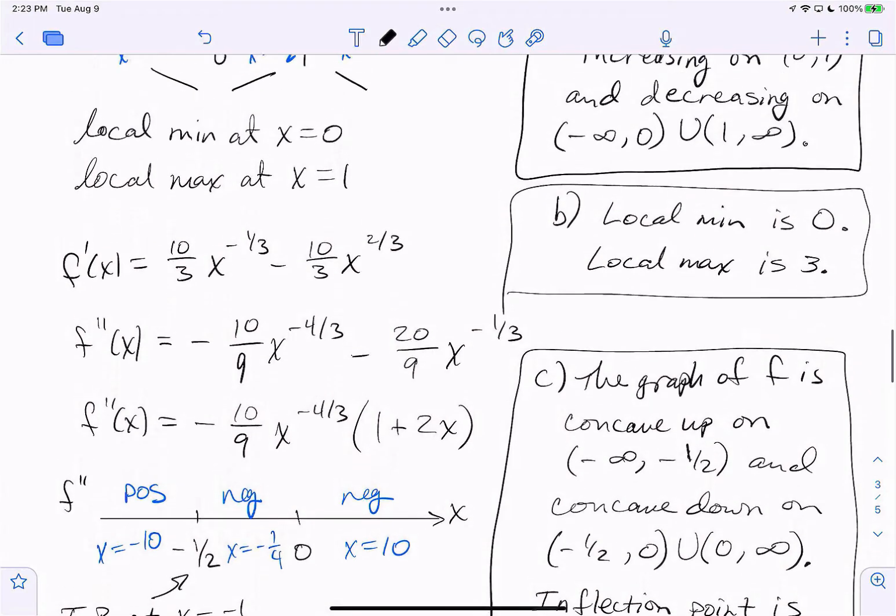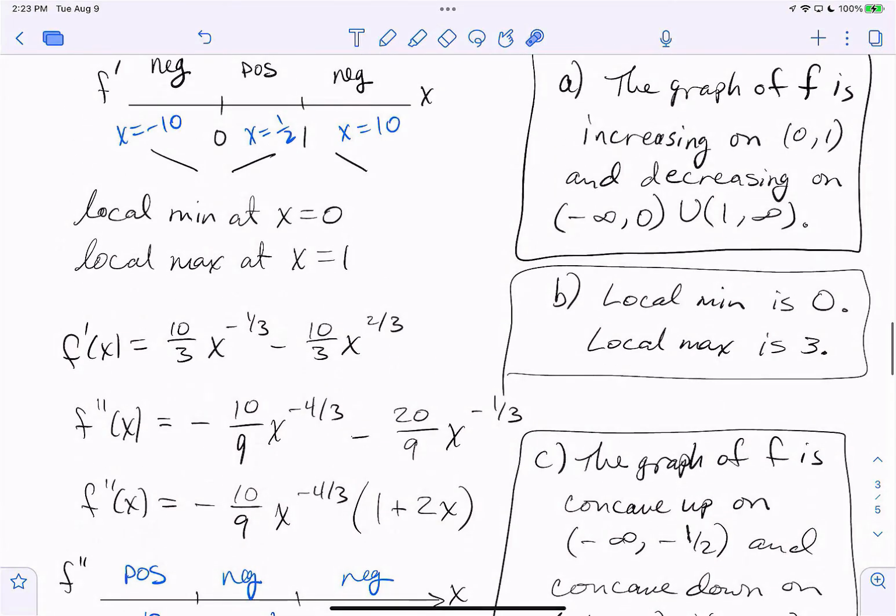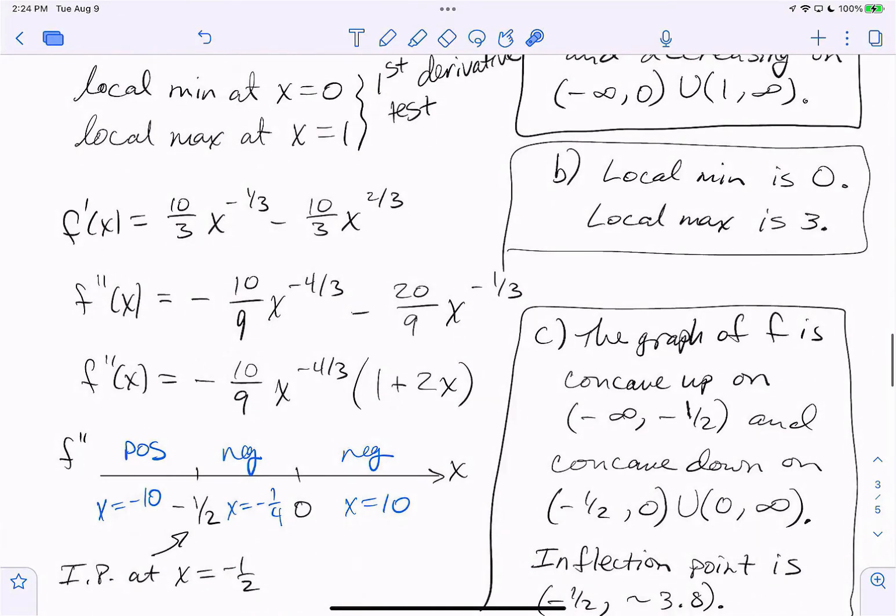By the way, when we found that we had a local min and a local max, we used the first derivative test. That is, 1 is a critical number. The derivative was positive to the left, negative to the right, so we knew we had a local max. That's the first derivative test. Likewise, to find the local min at 0. If we look at the second derivative, then x equals 1 lives in an interval that is concave down.